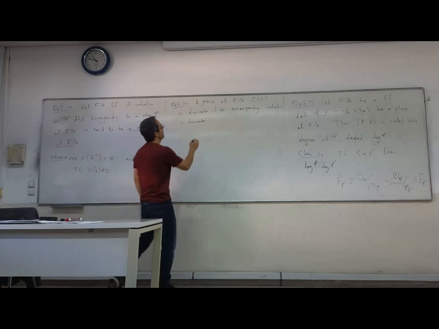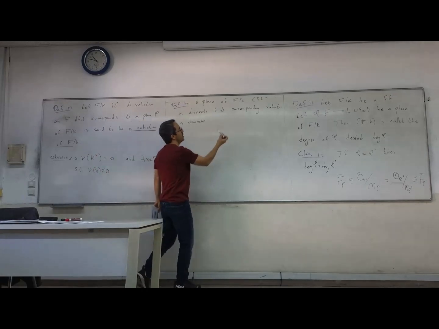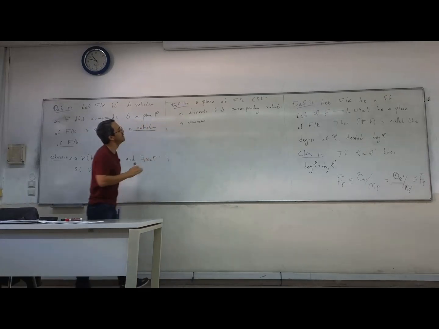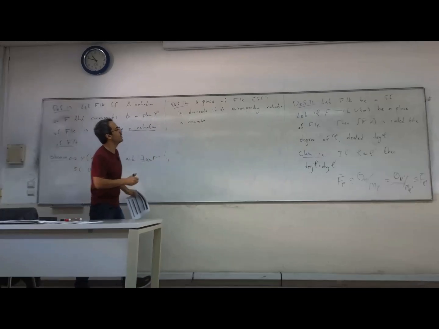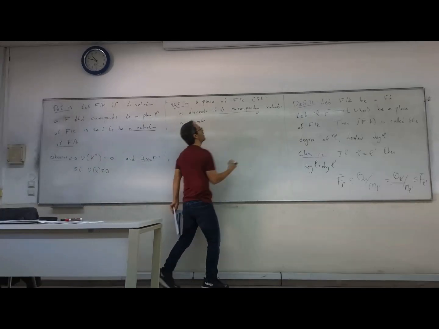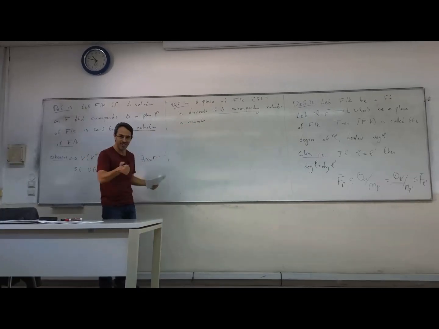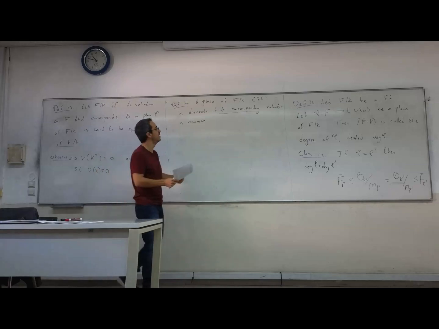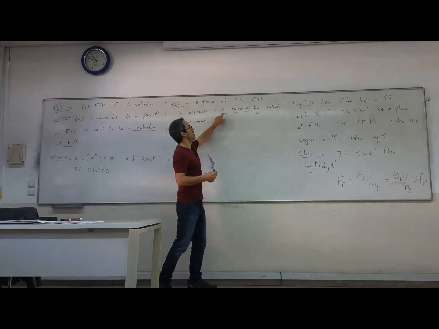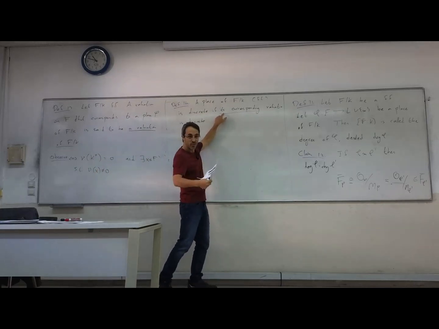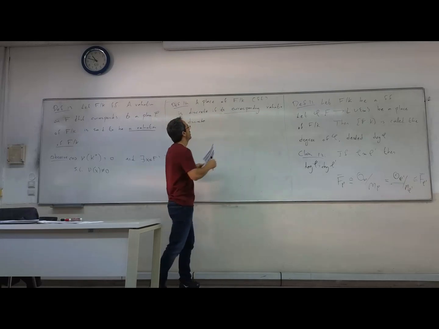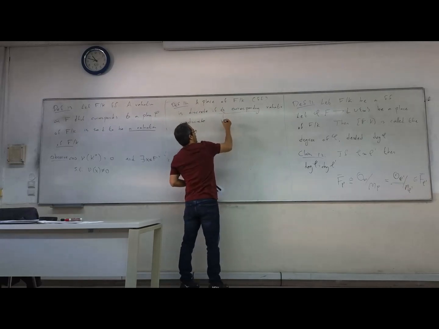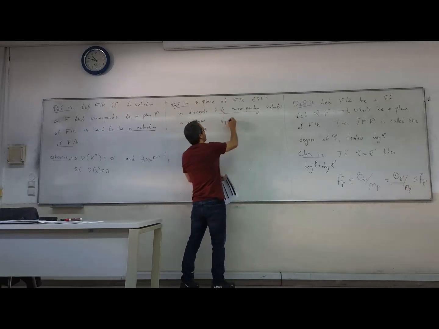Because I didn't show you how you get the valuation, when I say its corresponding valuation, I mean the way that we constructed it, and there are other ways of constructing it. By its, I mean our construction. It's not a unique thing, actually.